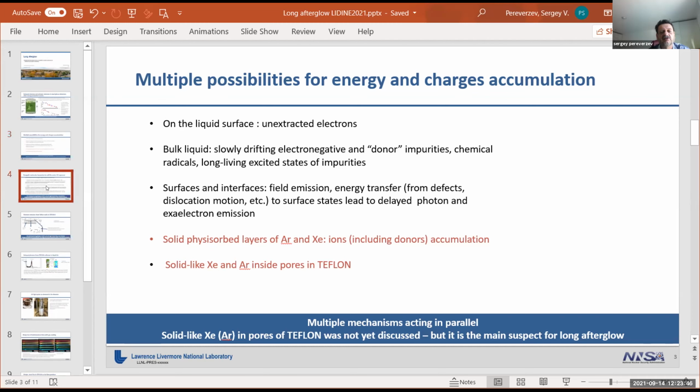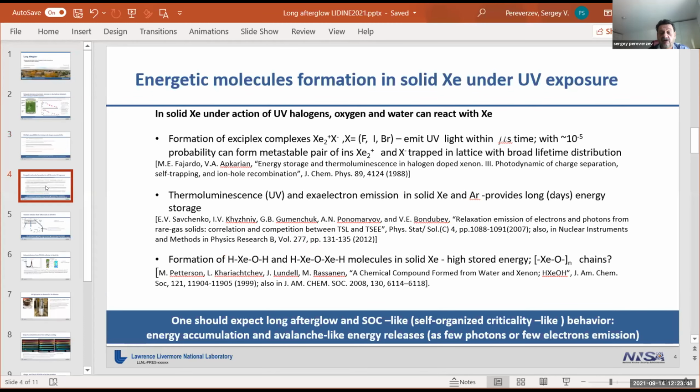So what do we know about solid xenon and argon and impurities? Actually, it's quite a zoo of long-living molecules and excitations you can produce there.